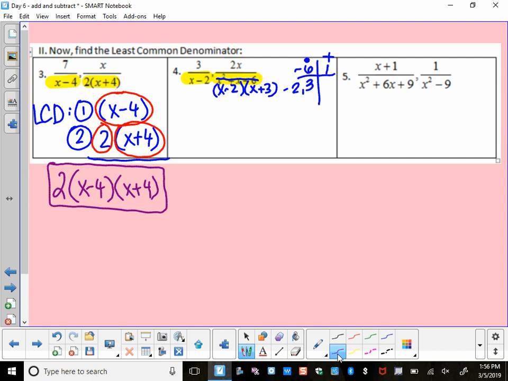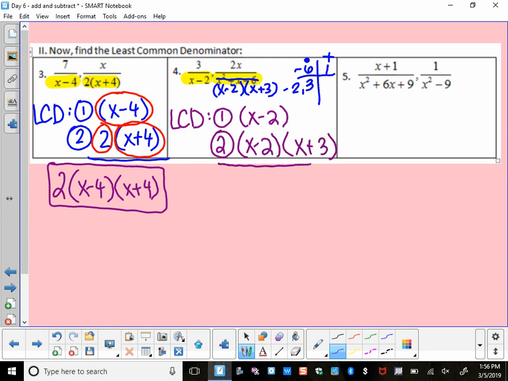Okay, now that I have factors for my denominator, I can find my least common denominator. The first fraction I have x minus 2. The second fraction I have x minus 2, x plus 3. Do you see anything in common from top to bottom?